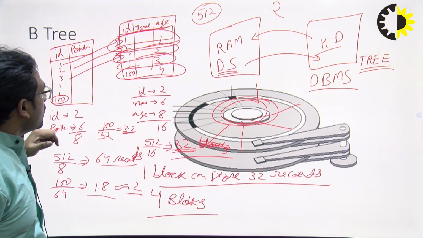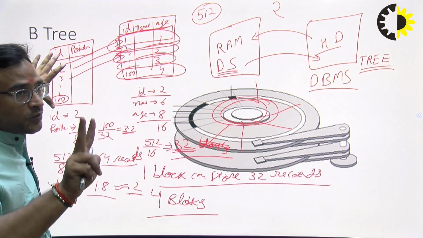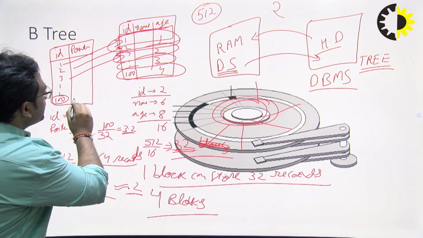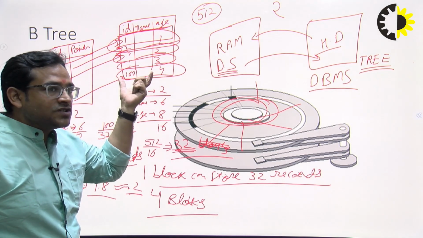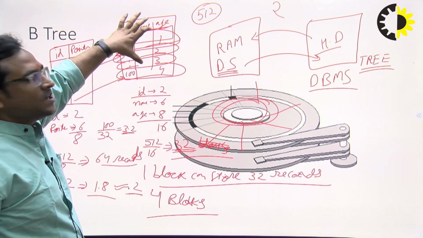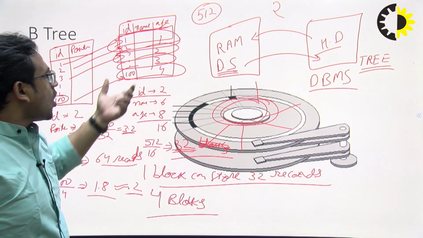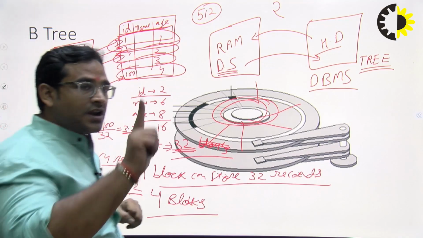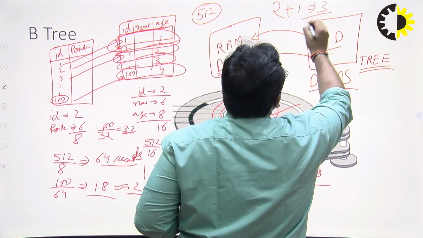When you are accessing this table, you are going to access 2 blocks, but when this address is pointing to this one, this address is stored in the 4th block. So no need to access these 3 blocks here. You can directly access this 4th block. So how many blocks are accessed there? You access only 1 block. So the total number of block accesses is 3.